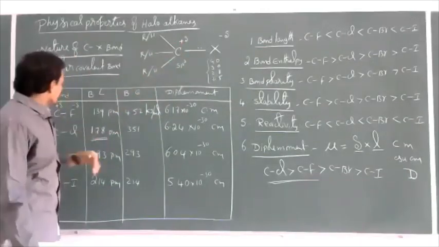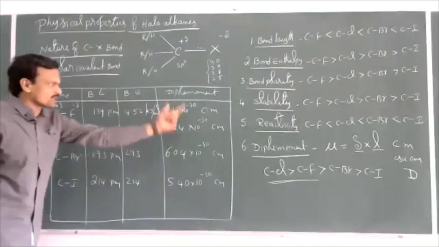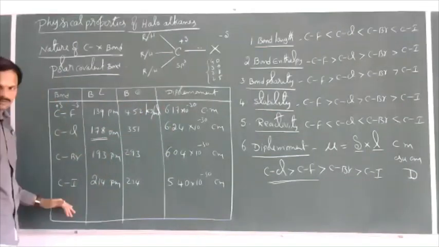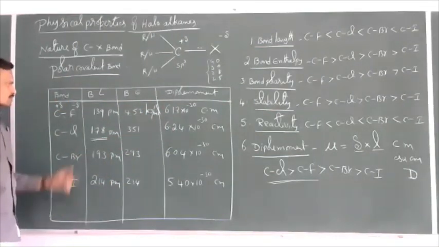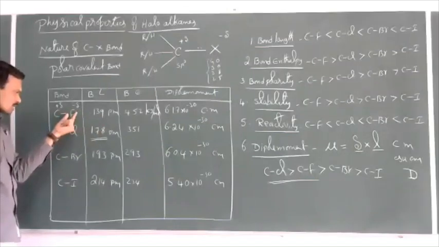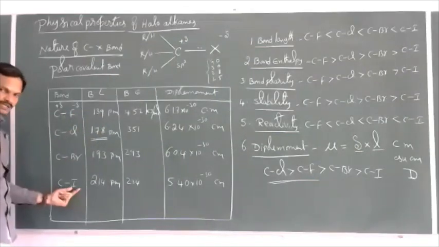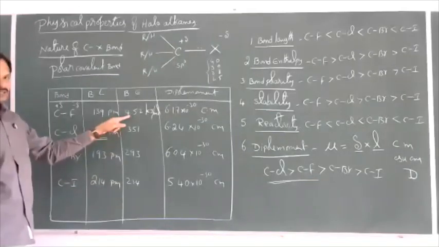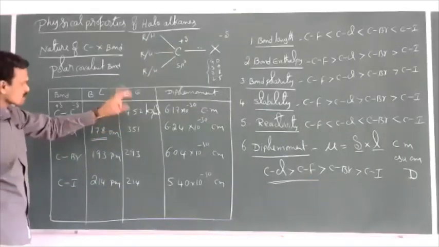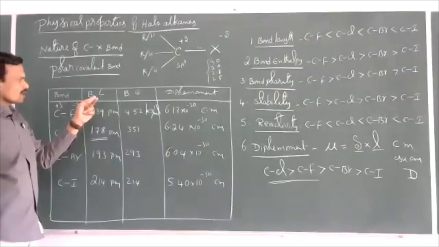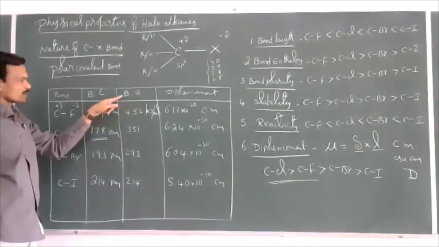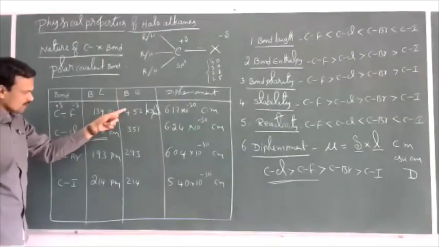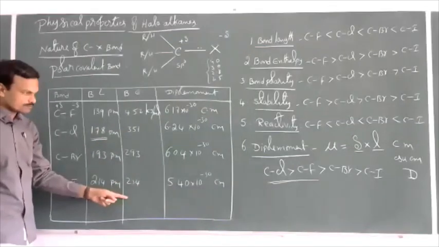Some data are written here: bond lengths, bond enthalpies and dipole moments of different types of bonds. From top to bottom, as the size of the halogen atom increases, bond length gradually increases. Bond enthalpy is inversely proportional to bond length. As bond length increases, bond enthalpy decreases.